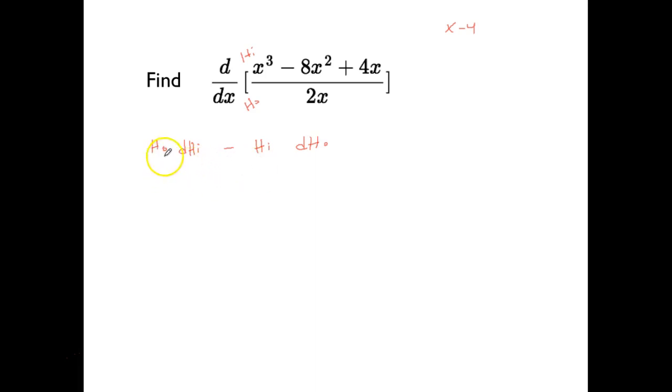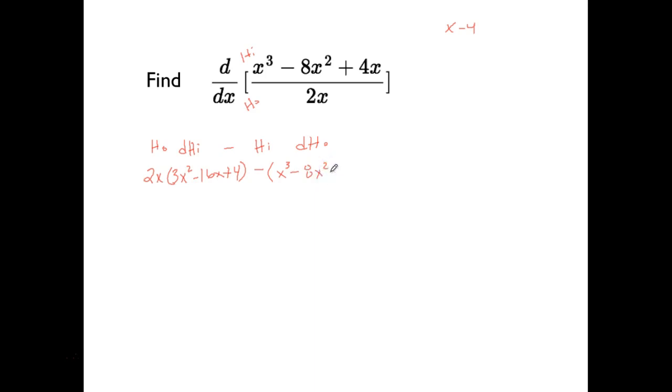I'll write that right afterwards. Okay, ho, that's just rewriting it. 2x is what the bottom is. D hi, the derivative of the top, it's going to be 3x squared minus 16x plus 4. That's the derivative of the top. Minus hi, we're just going to rewrite this.